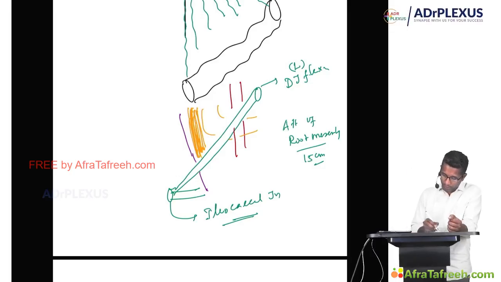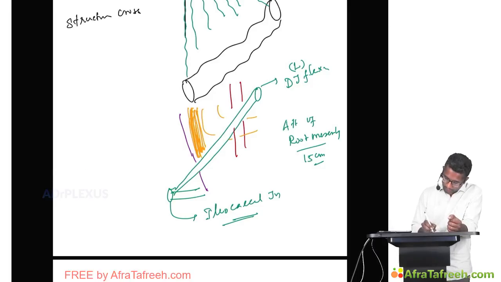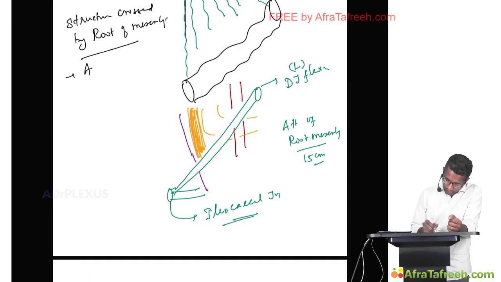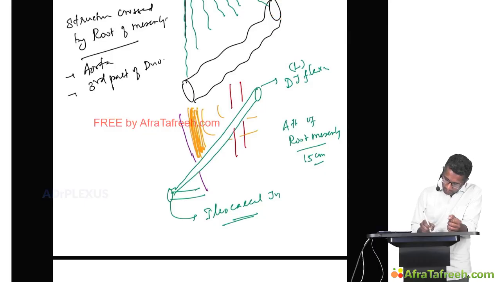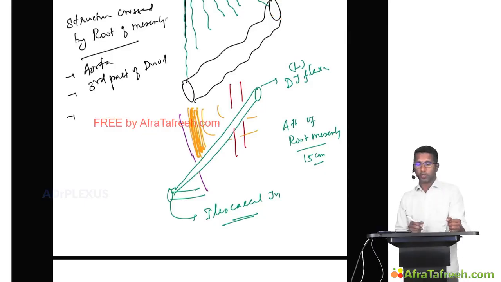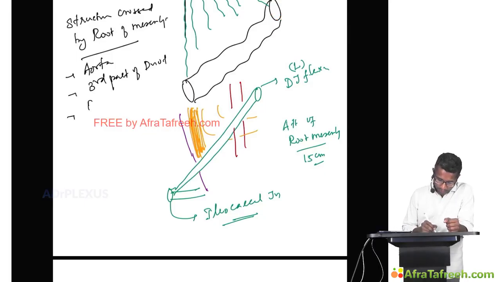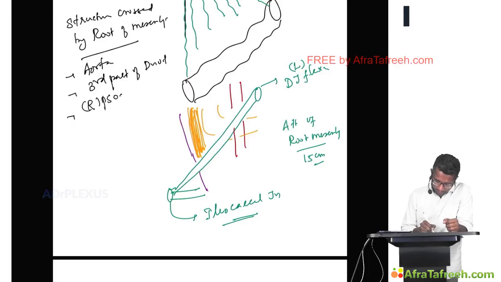I'll put it here. Structures crossed by the root of the mesentery are: one, the aorta; the third part of the duodenum; the right psoas major muscle; and the right ureter.